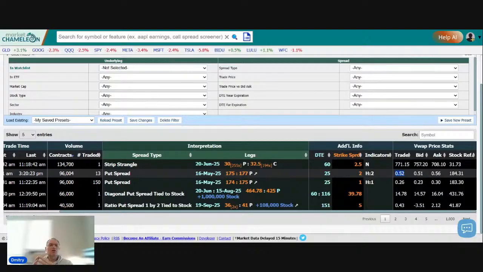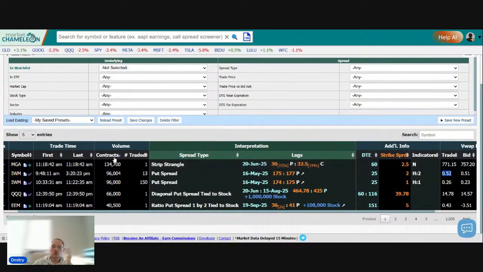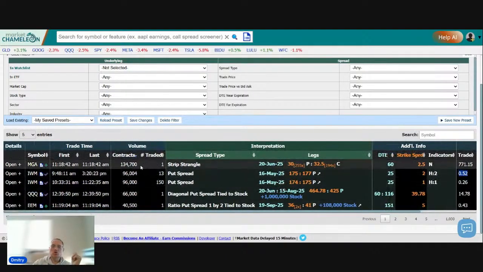So let's say we are interested in a specific strategy, because this lists all the strategies right now and it's sorted by the number of contracts. So you could see here, MGA had the most contracts involved in the strip strangle. But let's take a look at this list of strategy types of spreads that we detected.